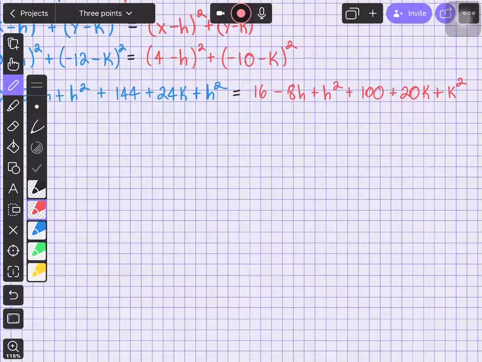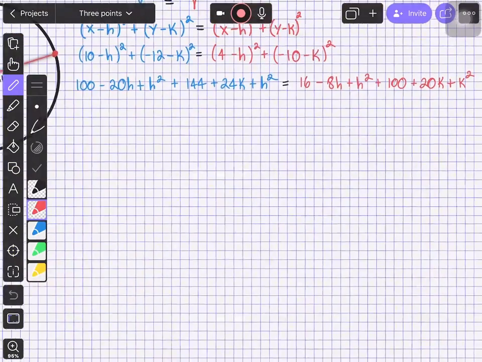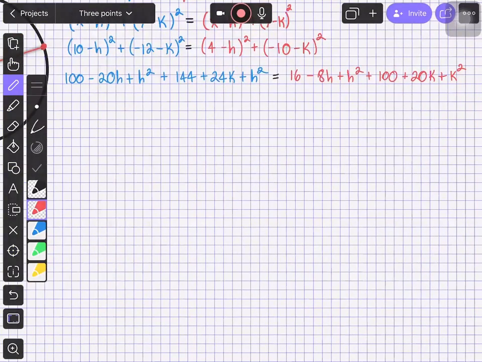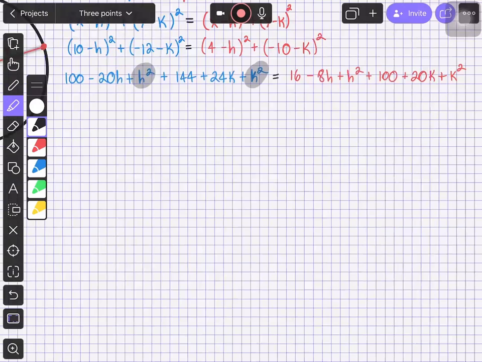So if you see in this equation, we have the square variables, h squared and k squared, on both sides of the equation. So they will cancel each other out.